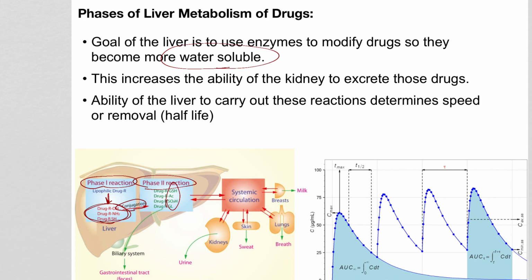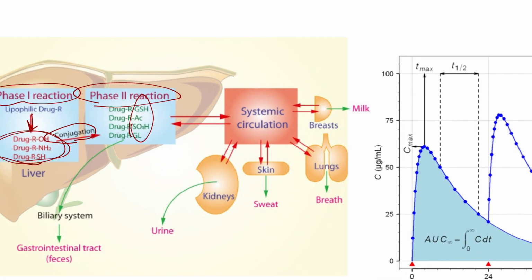The reason for that is all these different excretion systems, they find it easier to secrete water-soluble drugs because they dissolve in the blood or plasma more easily. By far the most important organ in that process is the kidney. And so if the liver can make your drug into a modified version of that molecule that's got a higher water solubility, it's easier to excrete, which means that you would expect its half-life to decrease, right, and be removed faster.